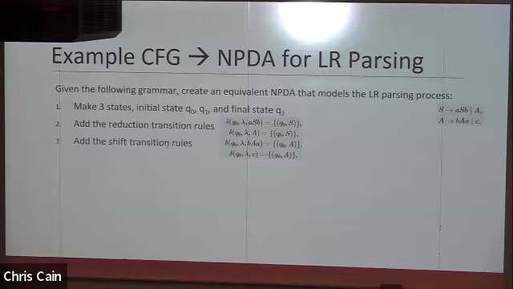The shift transition rules have us going through and saying we can read an A in the string. And when we see A at the beginning of the string, this allows us to take that. So for every possible X that could be there, we're going to pop A at the front of it with that X, shift past the A, and what's left is the X. So we're narrowing our scope.